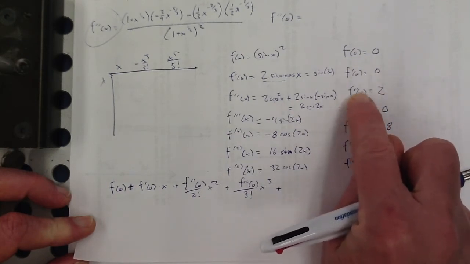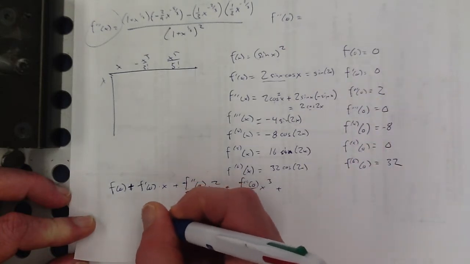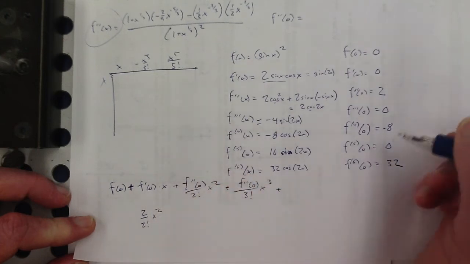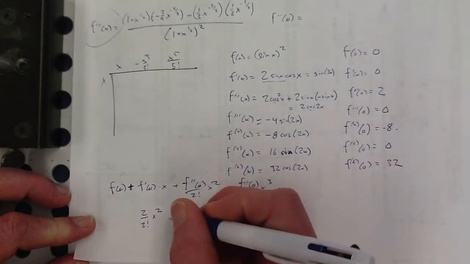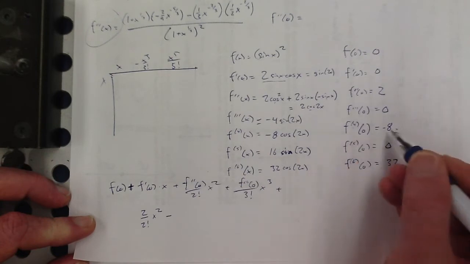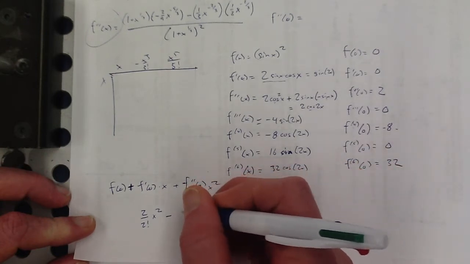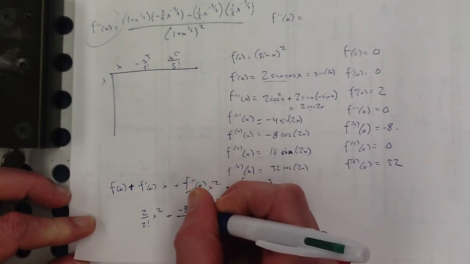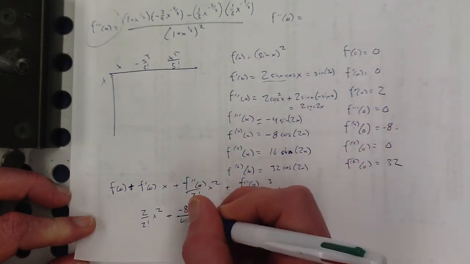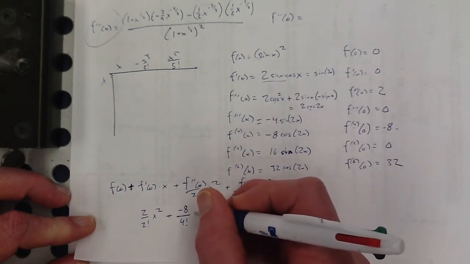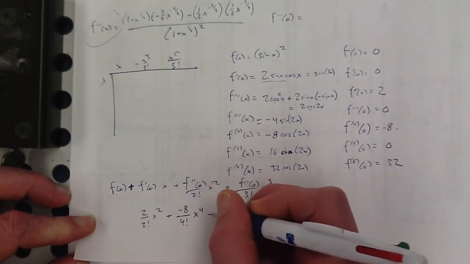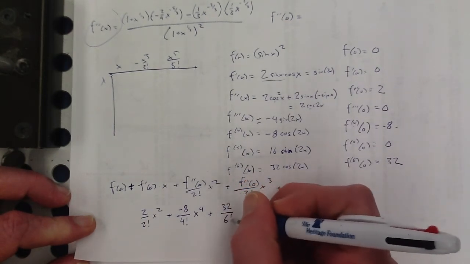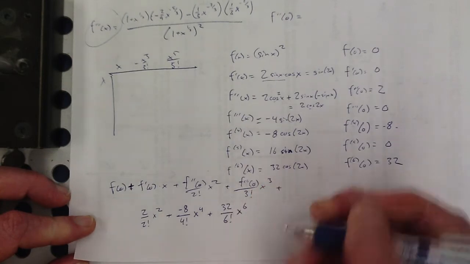So f double prime over 2 factorial times x squared. When I get down to this one, that's going to be f quadruple prime, which is minus 8 over 4 factorial times x to the 4th, plus 32 over 6 factorial times x to the 6th.